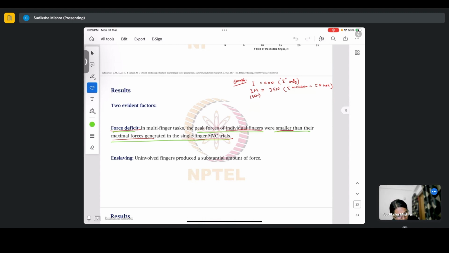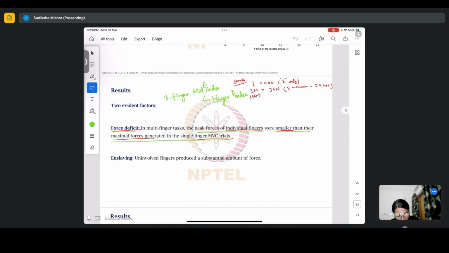So essentially what happened was, if in a three finger trial the force produced by the index finger is less than in a one finger trial the force produced by the index finger.